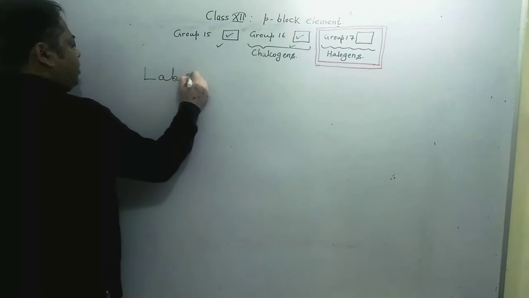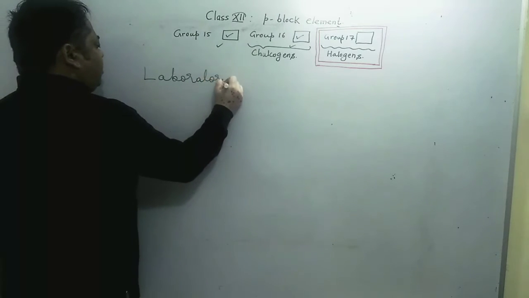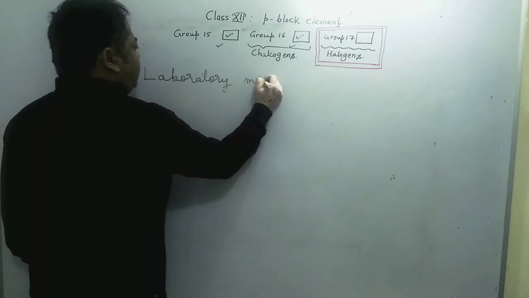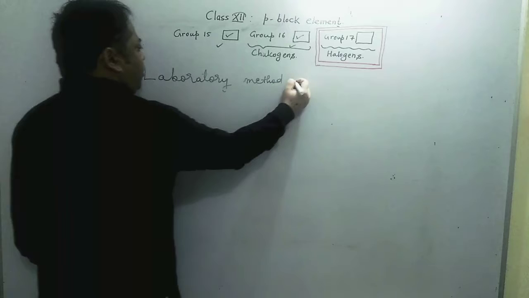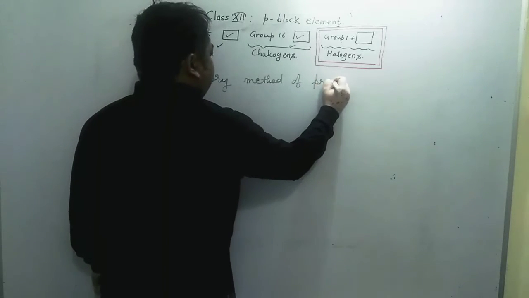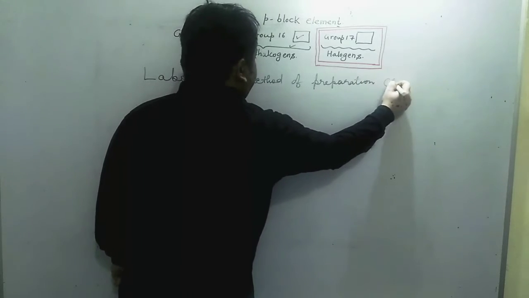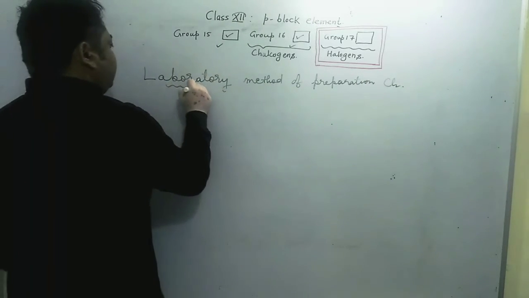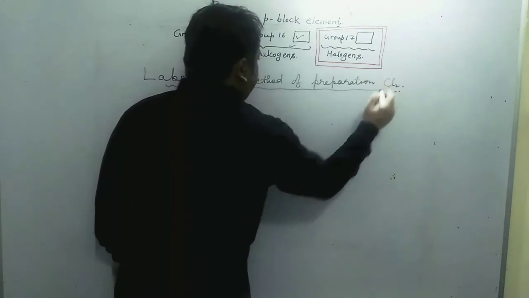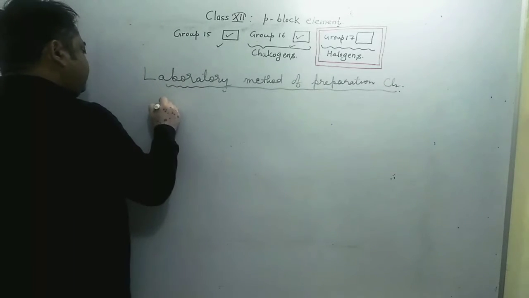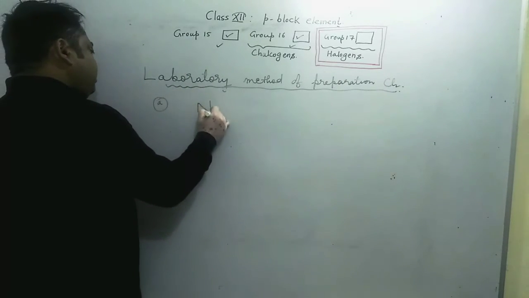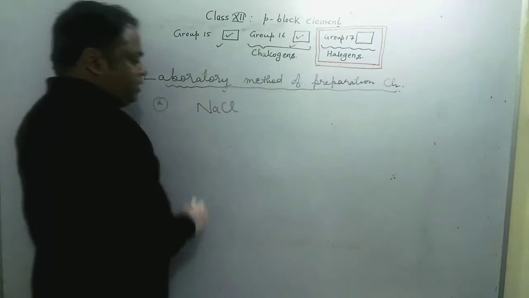Laboratory method of preparation of chlorine. What do we need for this? The simplest raw material which is required is NaCl. What will we treat it with?